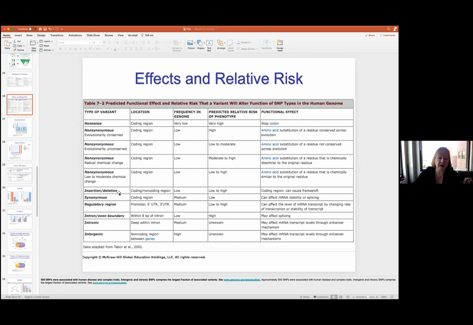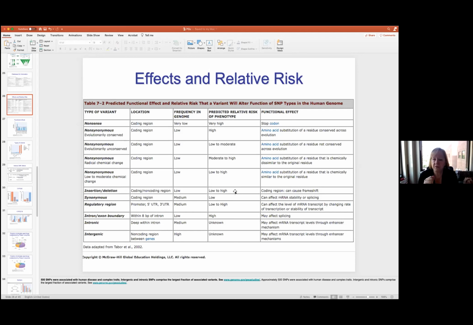When we talk about insertions and deletions, they can be really disruptive, particularly if they're in a coding region. We talked about changing the reading frame in biochem and the effects of changing the reading frame on the amino acids that are encoded. So if you have a 1 or 2 base change, either an insertion or a deletion, you're throwing your sequence into a totally different coding frame.